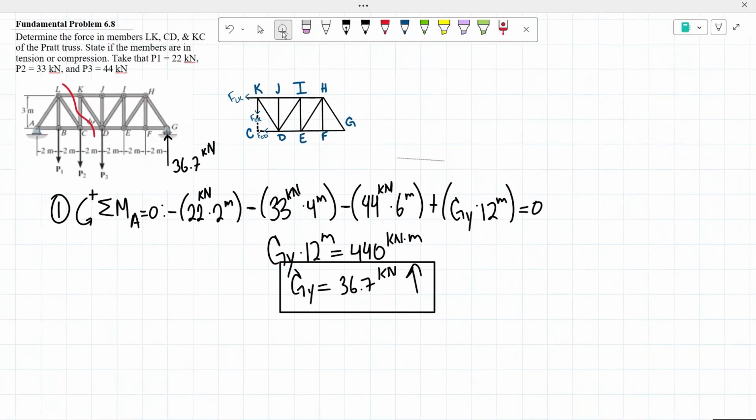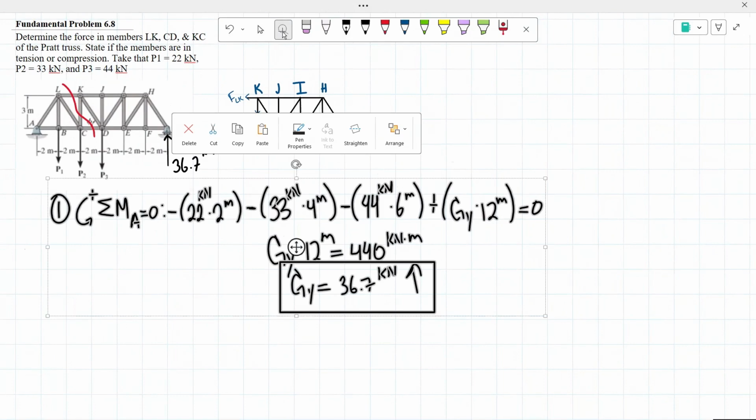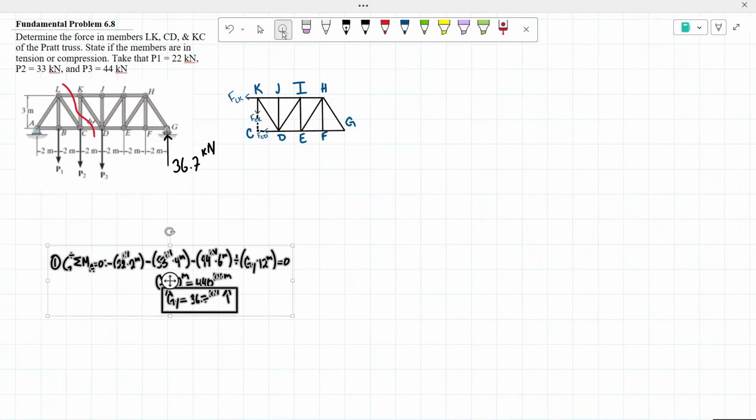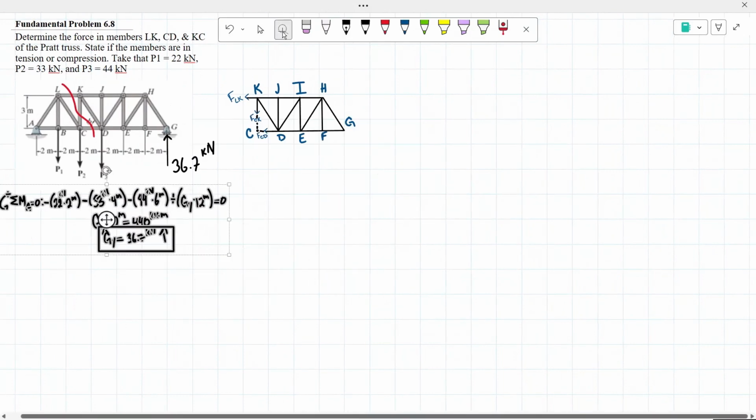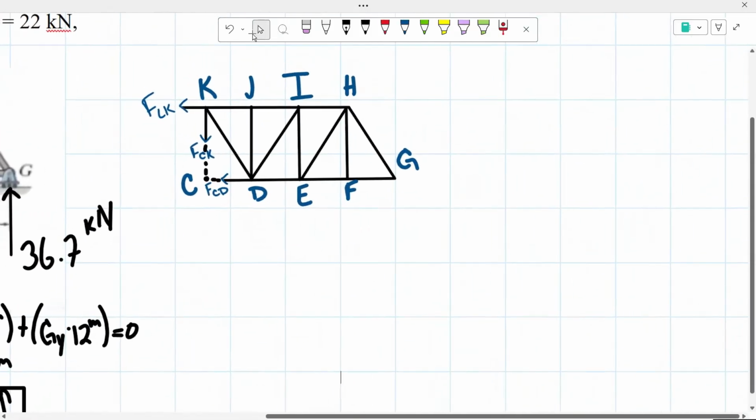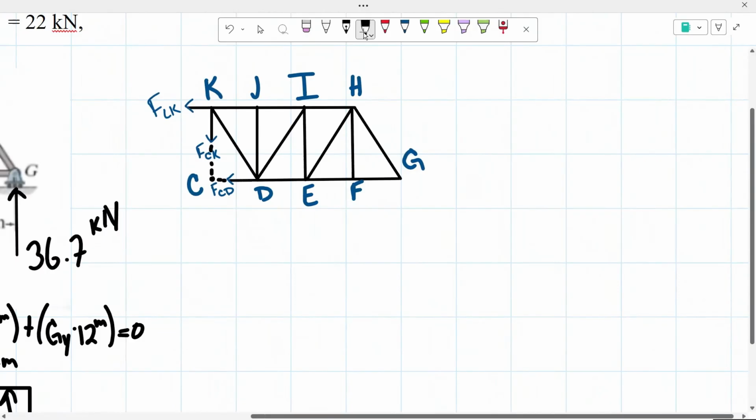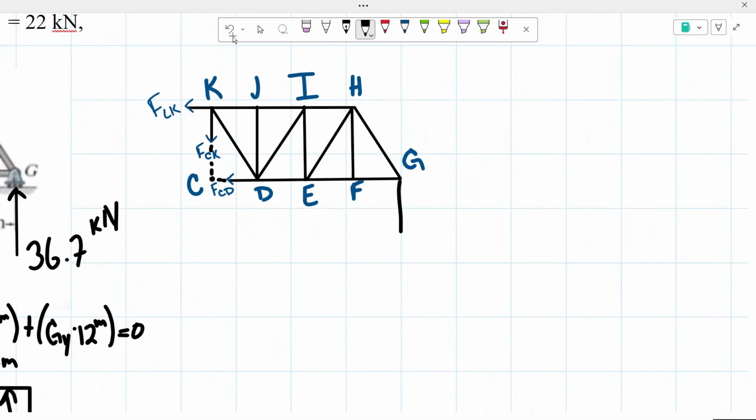So what I'm going to do is I'm simply just going to move this to the side. Okay, so now essentially this is what we're looking at. We know that we have a reaction right here going upwards with a force of 36.7 kilonewtons.